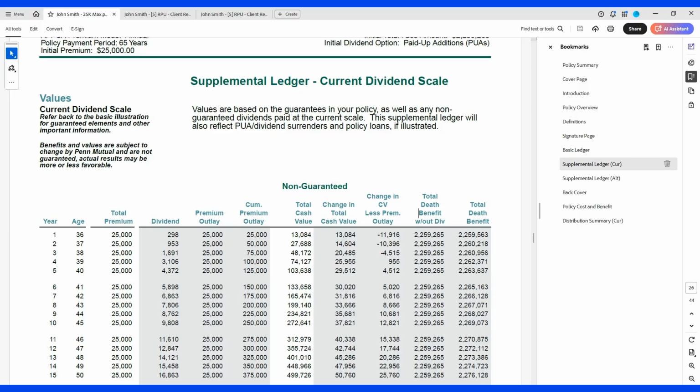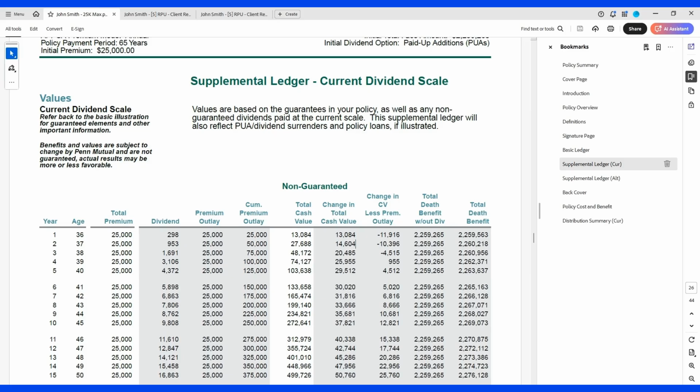So, yes, you can get more early cash value, but there's a trade off. And there's always a trade off between short term liquidity and long term performance. So, in order to get more early cash value, we have to reduce the size of the foundation. We have to reduce the size of the base premium relative to the total premium, which means then we can't build as large or as strong of a financial house over the long run.